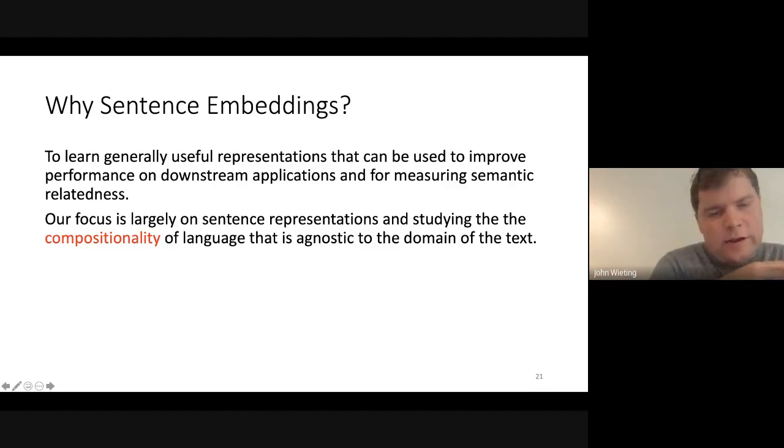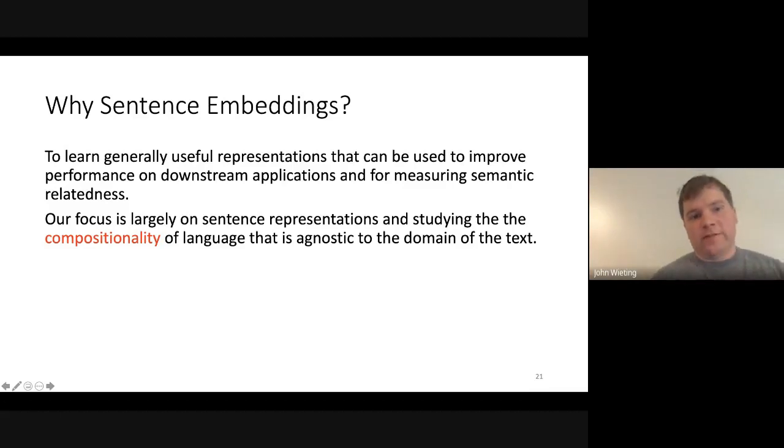How can you judge between one set of representations and another? What we always thought was that if you do a good job, sentences with the same meaning should be near each other. That's our core definition of whether you've created a good sentence embedding space. And this should be robust and agnostic to the domain of the text. That was our underlying research goal.